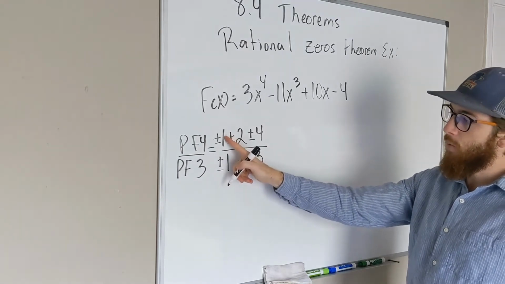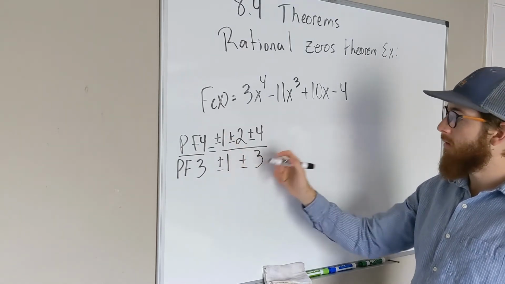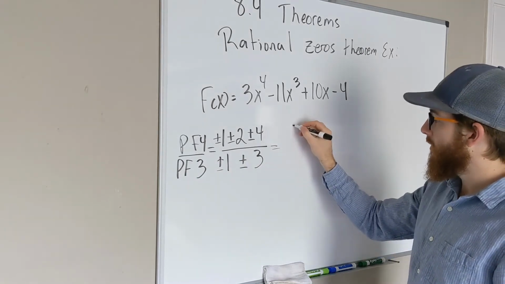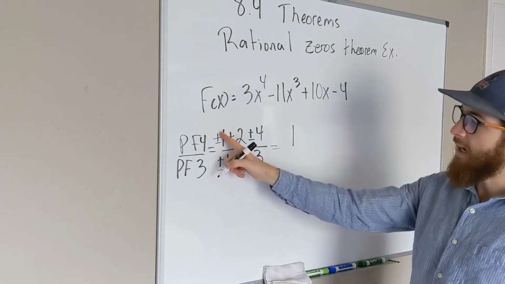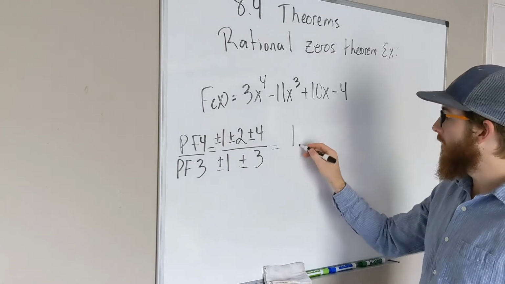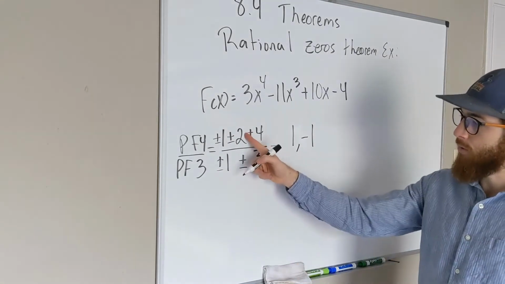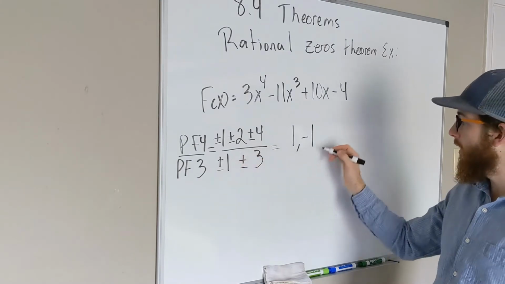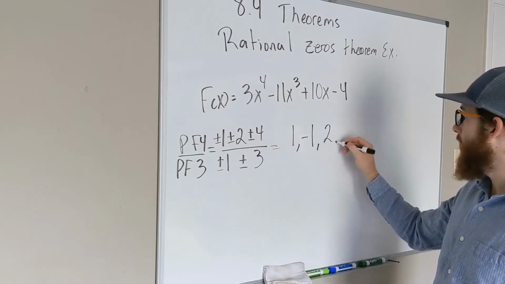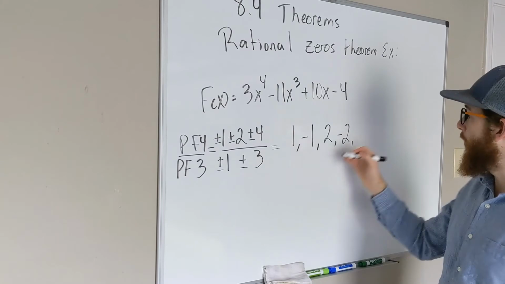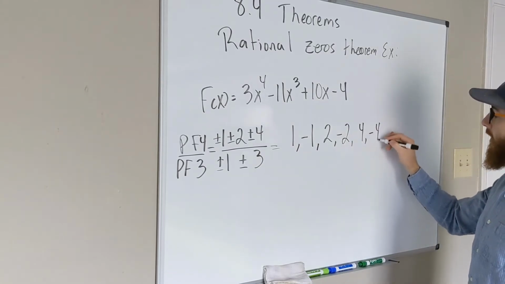So what is 1 divided by 1? Well, that's 1. Negative 1 divided by 1, negative 1. Okay, so then I have 2 divided by 1 and negative 1. So 2 and negative 2. 4 and negative 4.